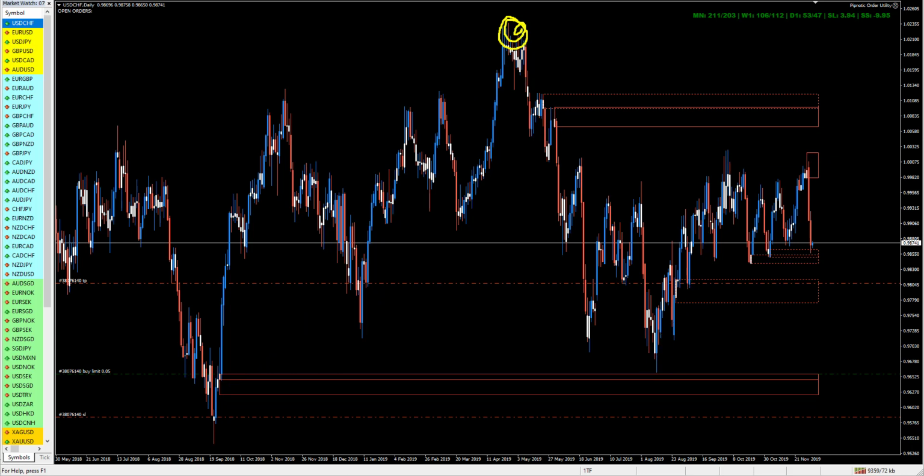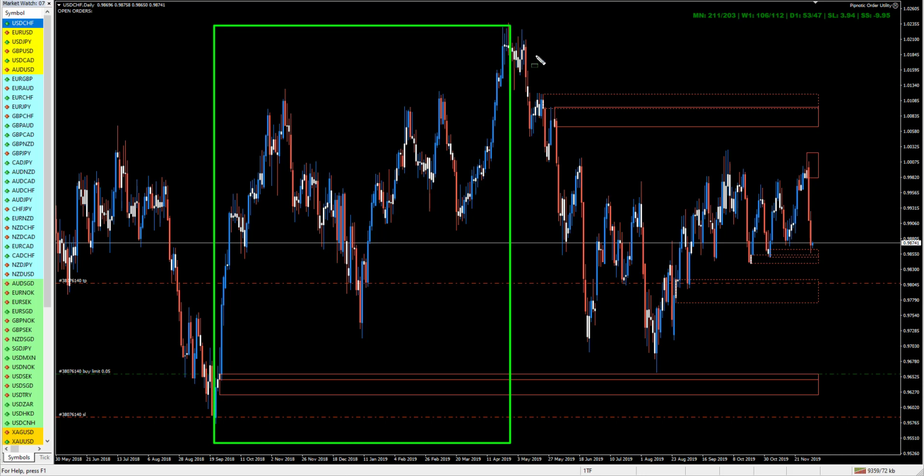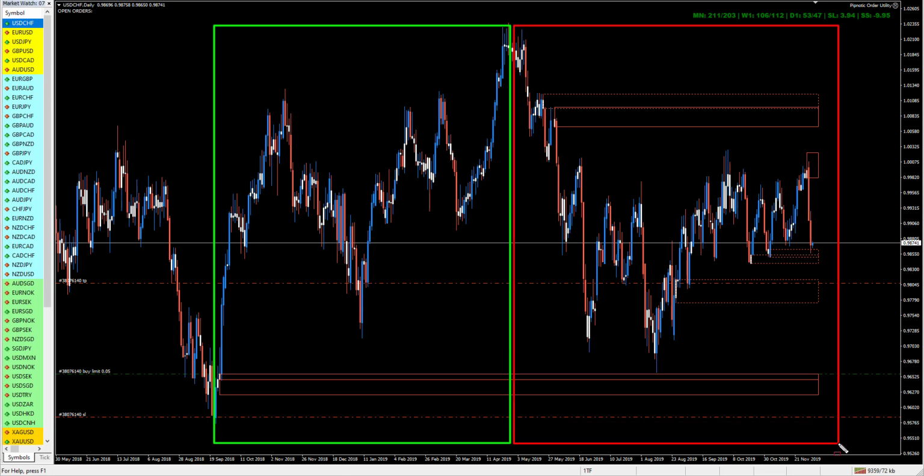Let me remove all these, and then we'll put these on. So we have a couple of moves here. We have green, from here to here. Then we have the red from here to here. Okay, and within this one we have swings.